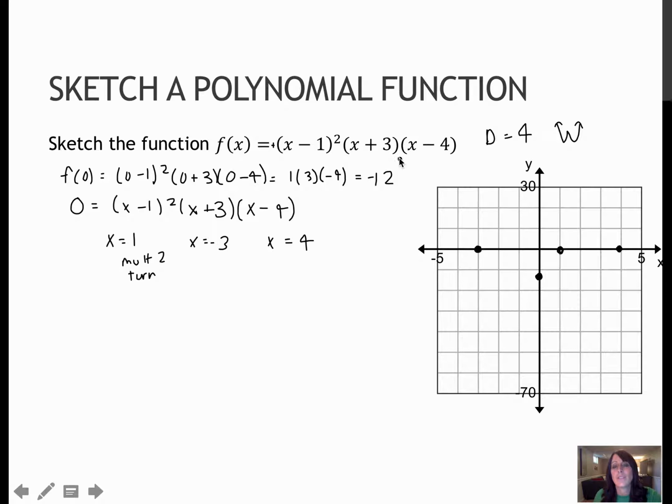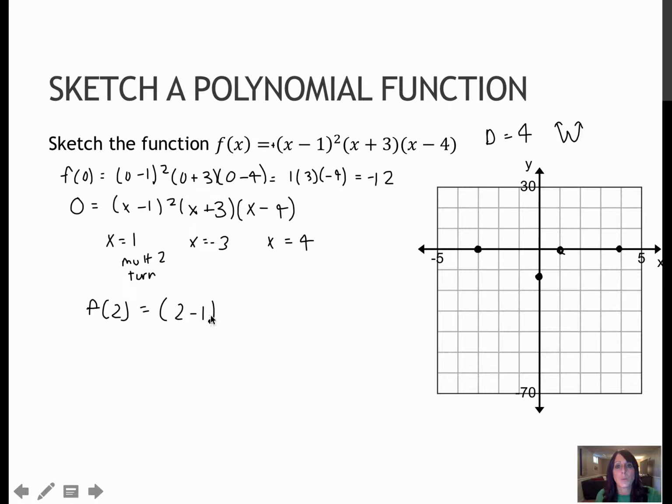So now I just need to find a couple of other points. So other points that I might find is some point particularly between 1 and 3. So let's find f of 2, which means I'm just going to find what value I would get when x is 2.